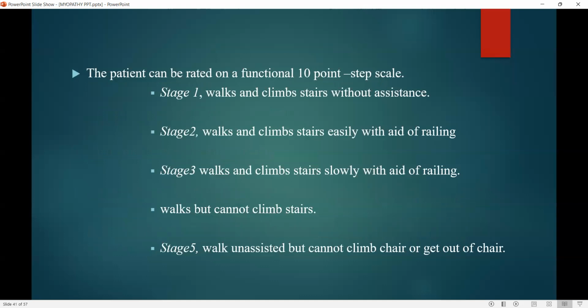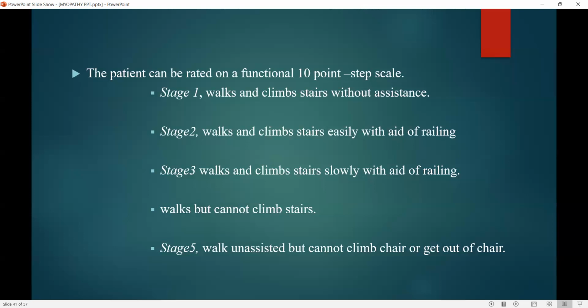The patient can be rated on a functional 10-point scale. Stage 1: walks and climbs stairs without assistance, without any support. Stage 2: walks and climbs stairs easily with aids or a rail. Stage 3: walks and climbs stairs slowly with aids or a rail.